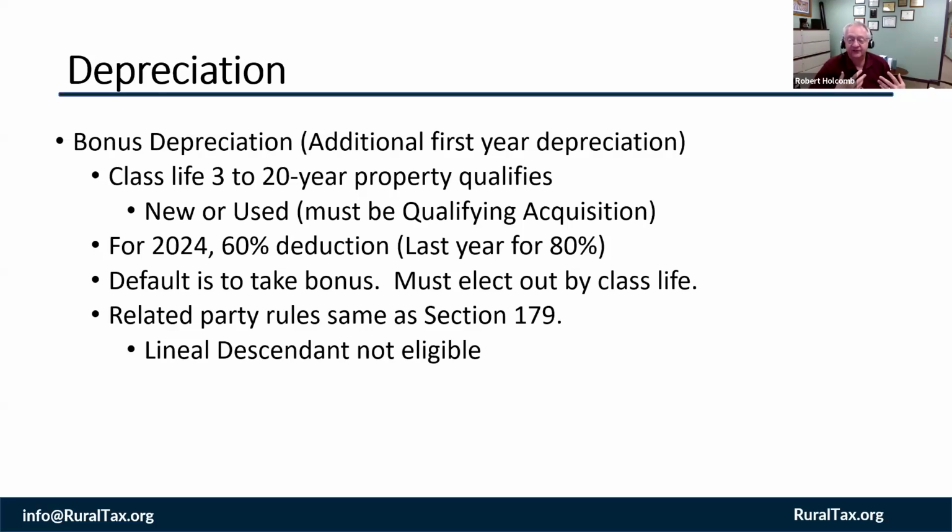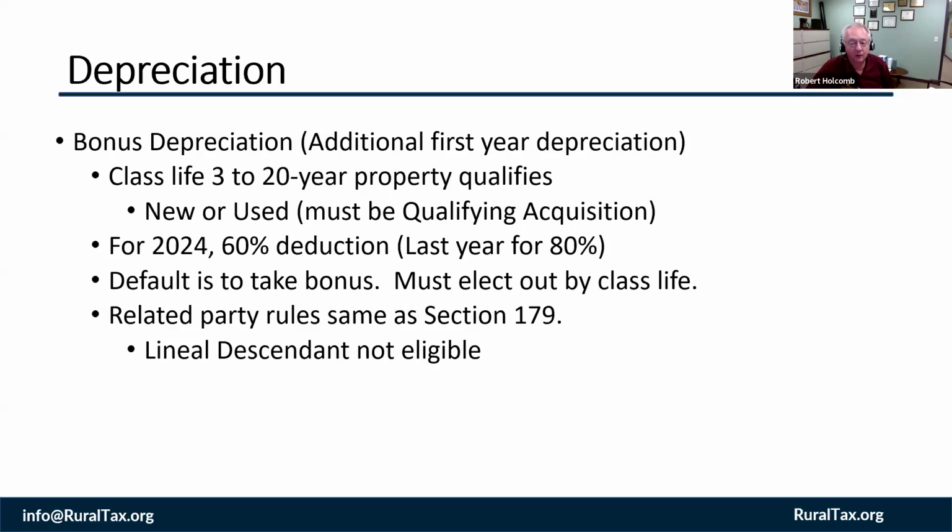So in other words, if I had a tractor and I was going to sell it to my daughter, she can't take 179 or bonus on it because she bought it from her dad. All right. Same thing holds true for grandparents. It's lineal descendants. So you're going grandparent to parent to kid to grandchild.